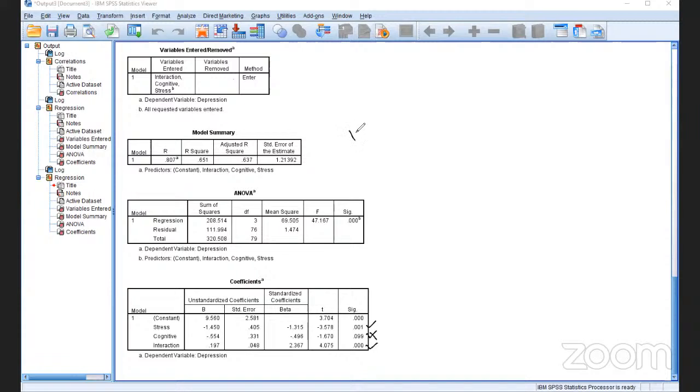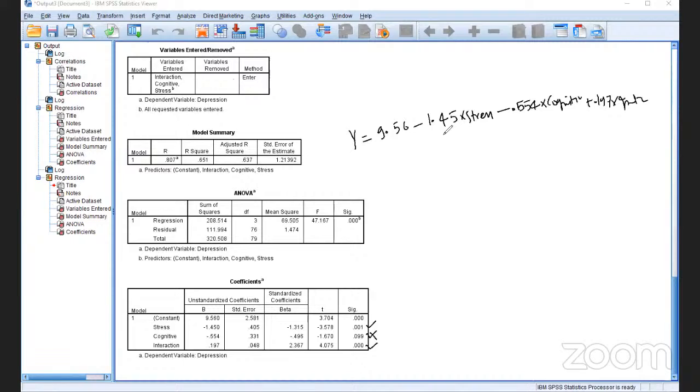So we can see here y equals 9.56 minus 1.45 times x, meaning stress, minus 0.554 times cognitive, plus 0.197 times interaction.